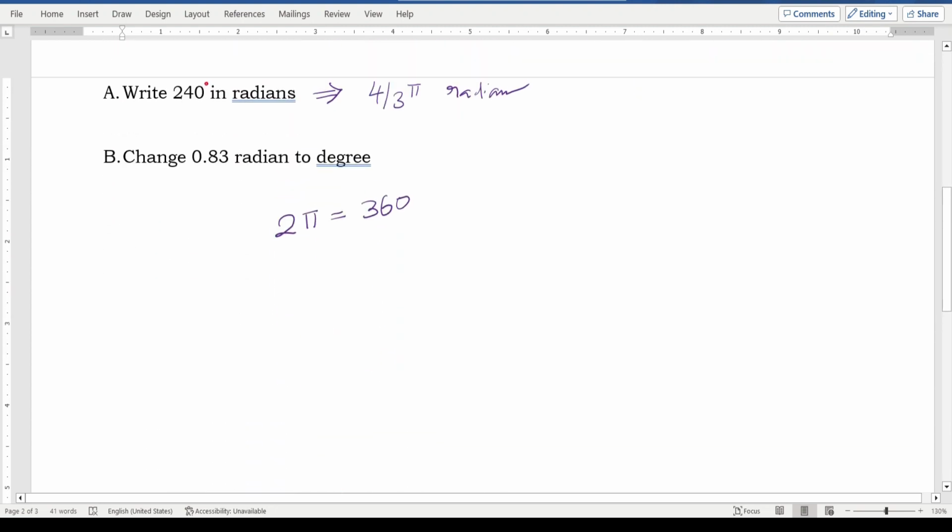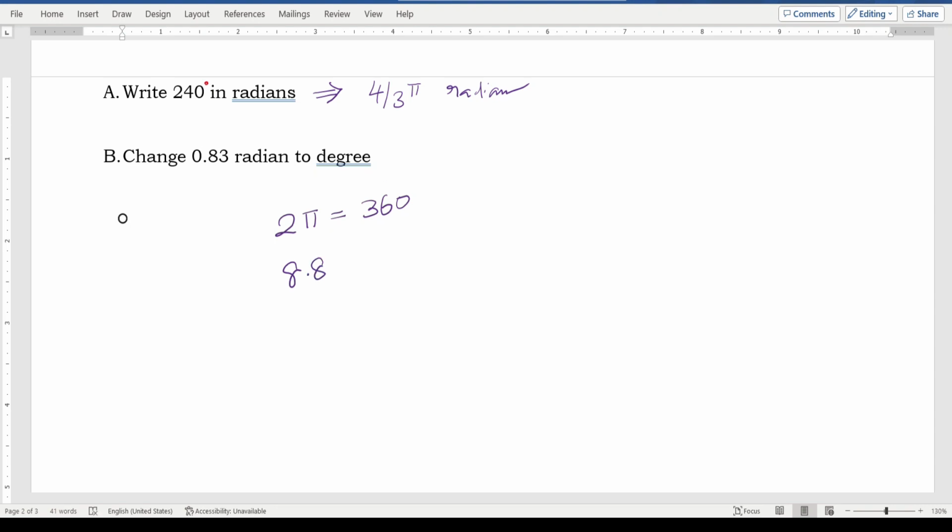So 0.83 divided by 2 pi equals x divided by 360.